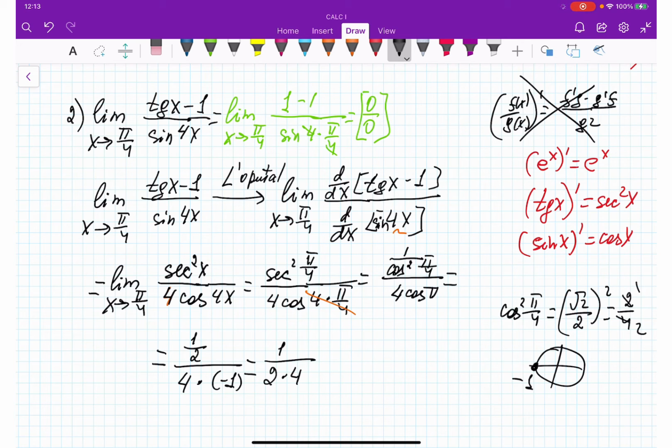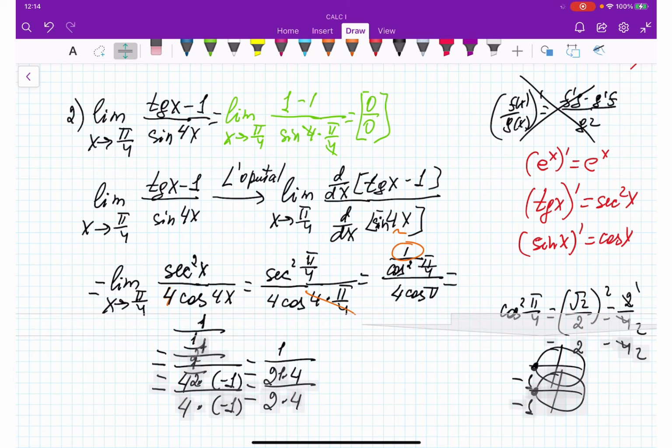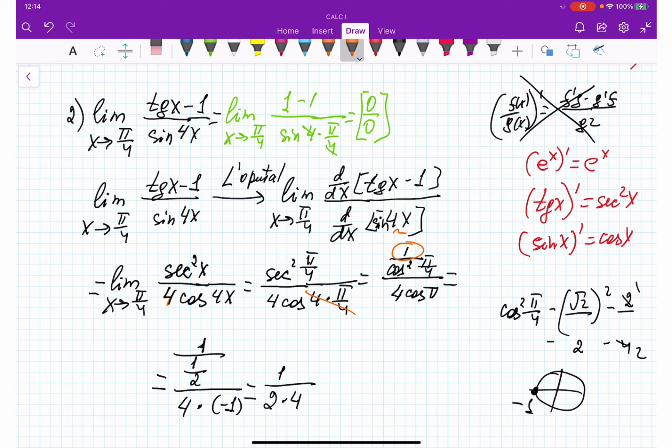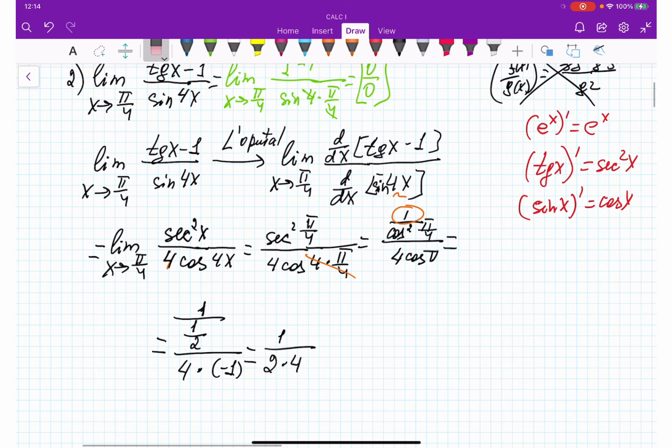Oh, 1 divided by 1/2. I'm sorry. Let me fix here. 1 divided by 1/2. Okay. Let me bring down. I'm going to clean this anyway. It's a drafting. And we already know cosine pi is -1.